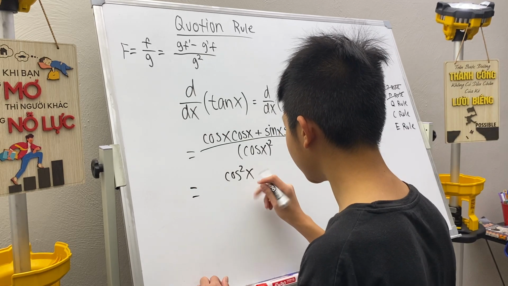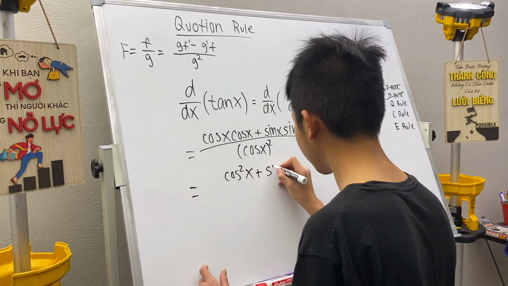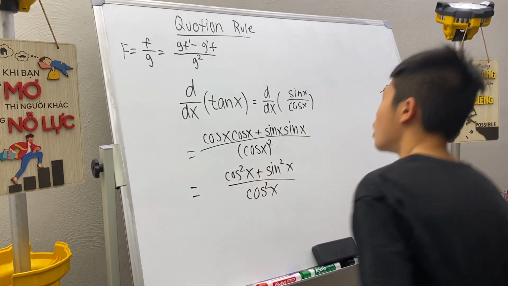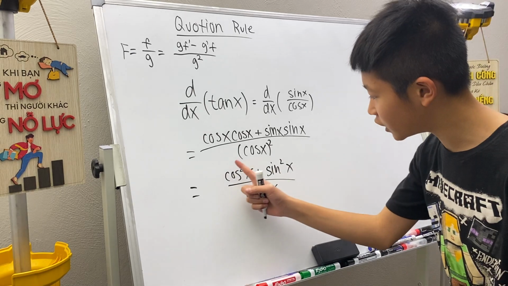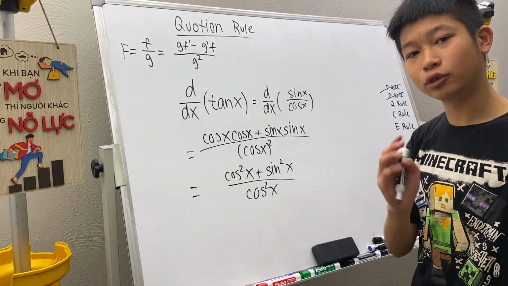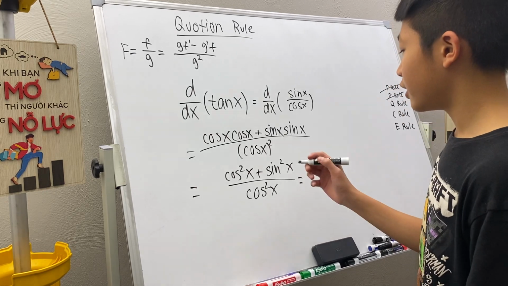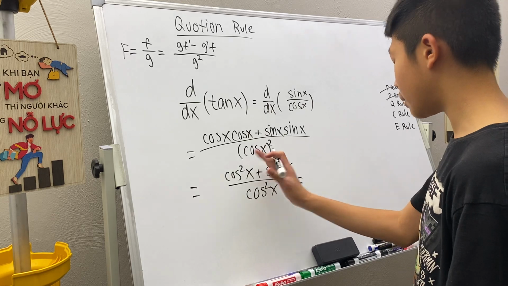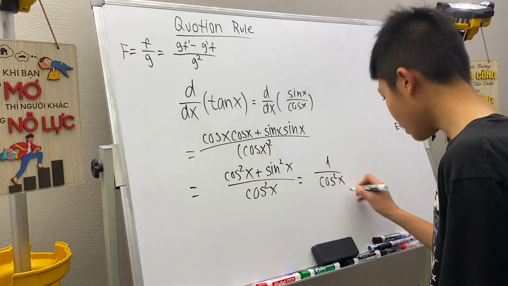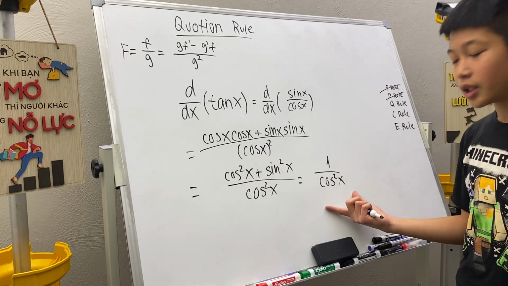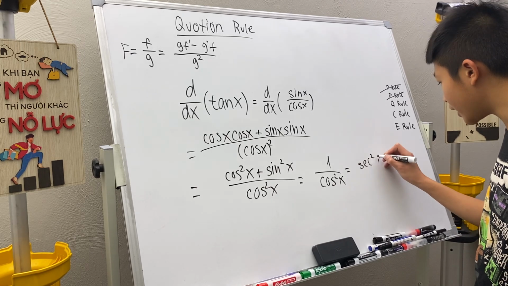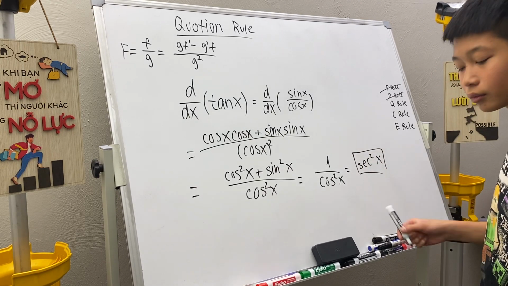Cosine square x plus sine square x, all over cosine square x. Oof, this is so nice. This is the Pythagorean identity in trigonometry. I'm gonna make a video on this, but this is equal to 1 over cosine square x. We're not done yet. Using the trig identity, this is the same as secant square x. And we're done. That's it.